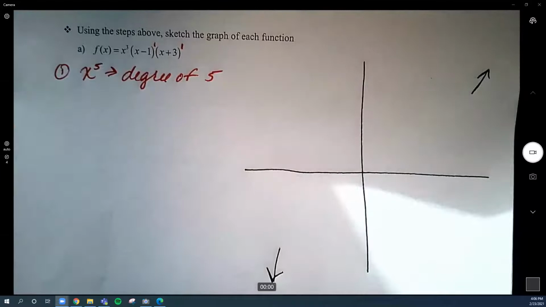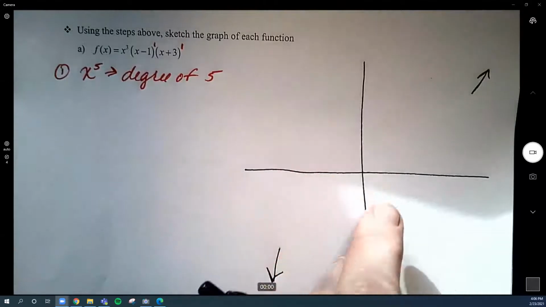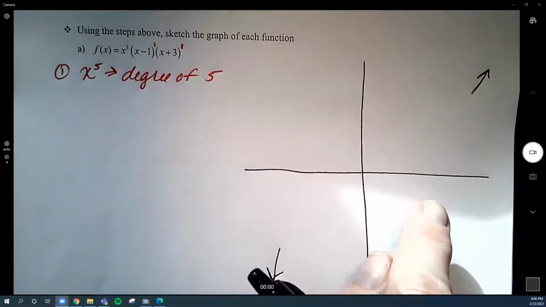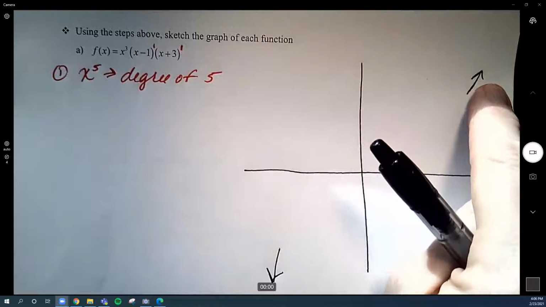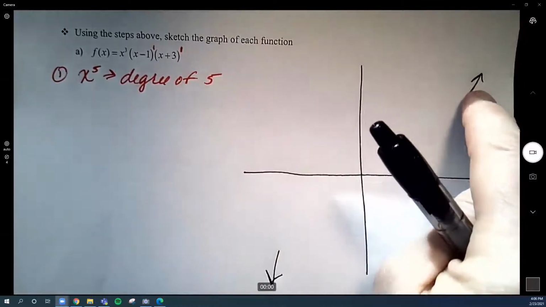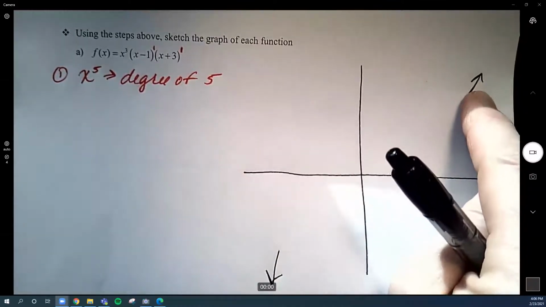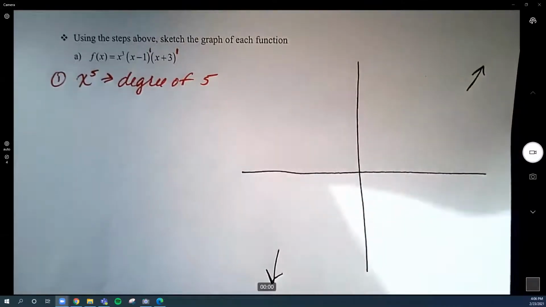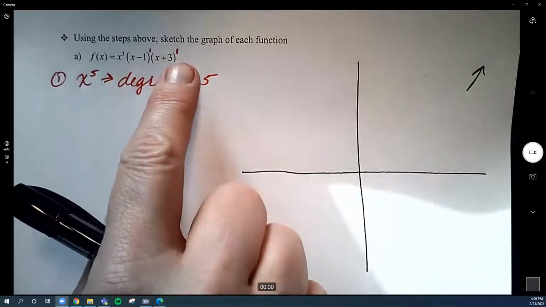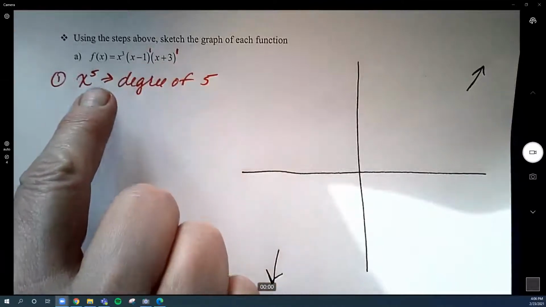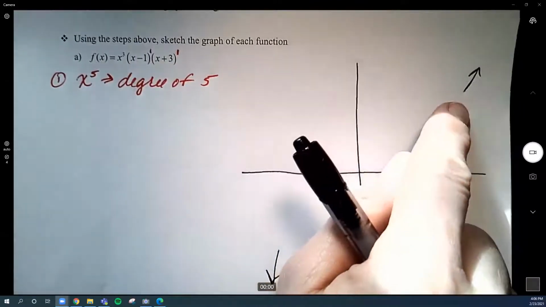Remember, odd exponents start from the bottom, quadrant 3, and continue up. They might have some changes and turning points in the middle, and will end up in the first quadrant, going up forever, to a domain of positive infinity and range of positive infinity. If it were an even degree, then it would be up, up.